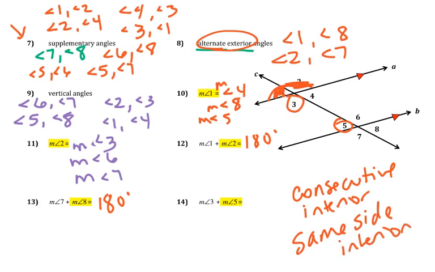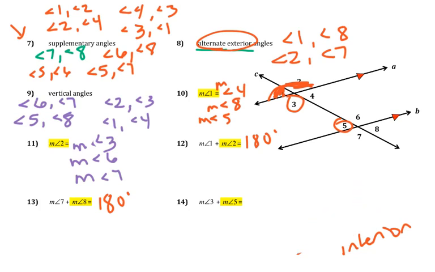But there is a theorem about those and how they relate to each other. But you could also figure it out even if you didn't know, because if you know that angle 3 is going to be equal to angle 7 because they're corresponding angles, and I know that angle 7 plus angle 5 is equal to 180, well then angle 3 plus angle 5 would also have to be 180 because of substitution.